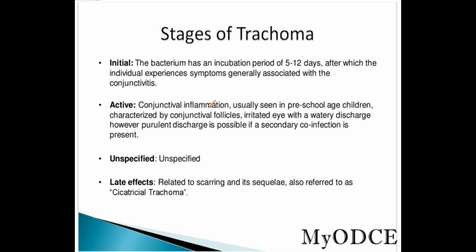So now we're going to discuss the stages of trachoma. The typical bacterial incubation period is 5 to 12 days, after which the individual starts to experience symptoms associated with the conjunctivitis. In neonates as well, not mentioned here, the incubation period tends to be similar, 3 to 12 days. Some infants will develop a reaction up to 2 weeks later.